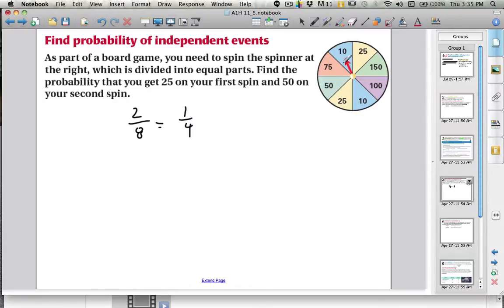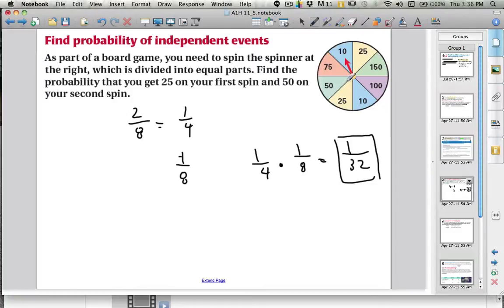And because there's no change, I know that the probability of getting the 50 is 1 out of 8. There's one 50 out of the 8 chunks. So the probability of one thing followed by the other is 1/4 times 1/8, which is 1/32. That's the probability of spinning a 25 followed by a 50.